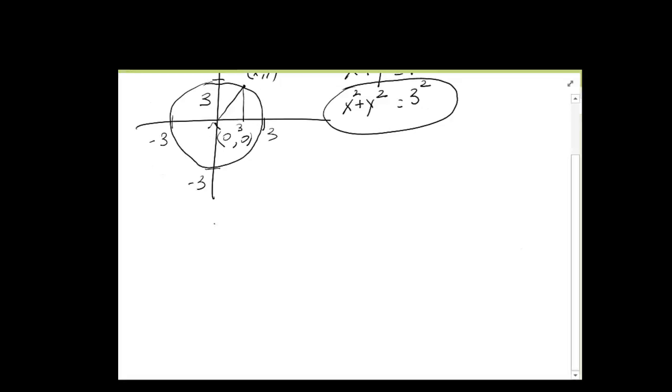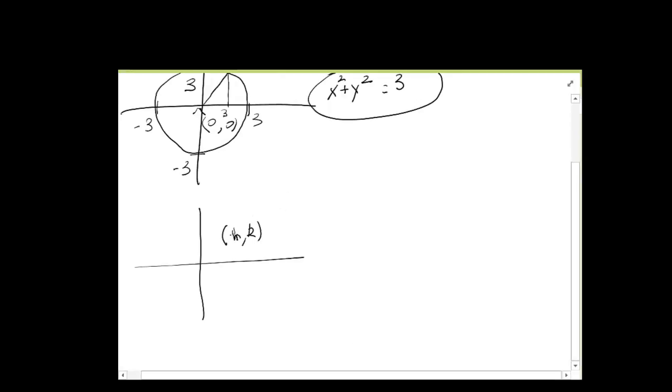So let's draw another circle, and this time we'll say it has center (h, k) and it has radius r. The coordinates of this point are (x, y) again.